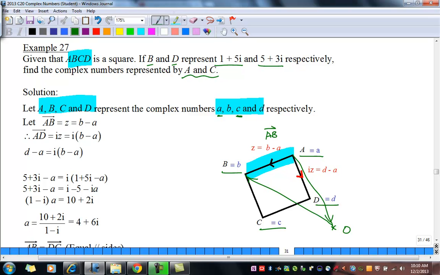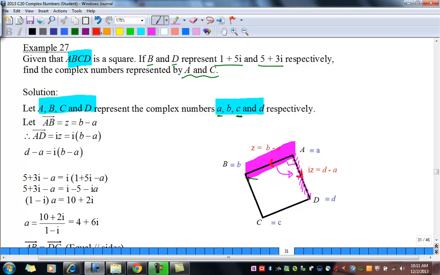However, in addition to that, I also know some other properties of a square. Namely, I know that this angle must be 90 degrees, which means that this line over here is simply a rotation of this line by 90 degrees in this direction, which is anti-clockwise.